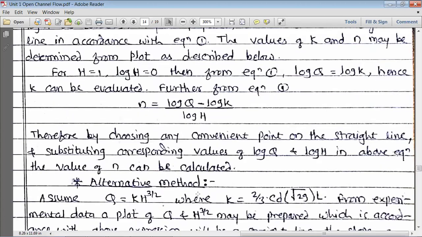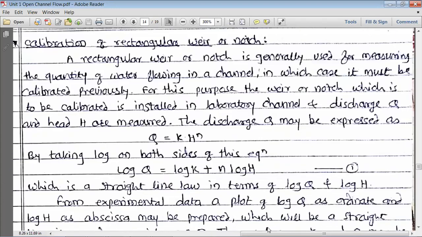So this was about the calibration of the weir. You can note down the equations like this.